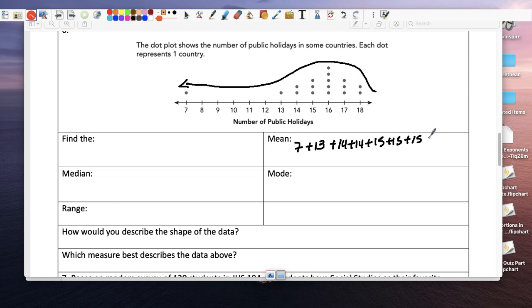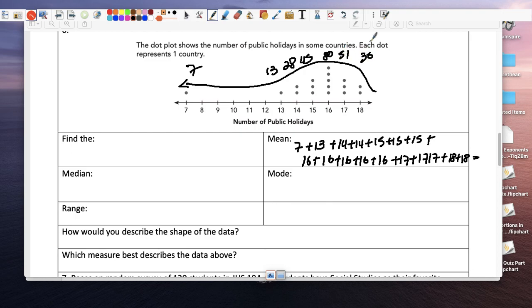Plus 16, five times, 17 three times, then 18 twice. Put all that in your calculator. You can put 7, 13, 28, 45 times 5, 80, times 3, whichever one you want.